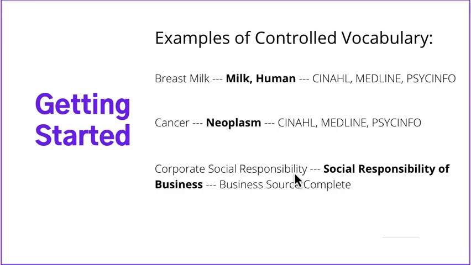The same goes for the term cancer, which we use in everyday conversation, and it's found throughout the literature. But again, the specialized databases have preferred controlled vocabulary, which is neoplasms. Another example is corporate social responsibility, which in a business database actually prefers the terminology social responsibility of business.